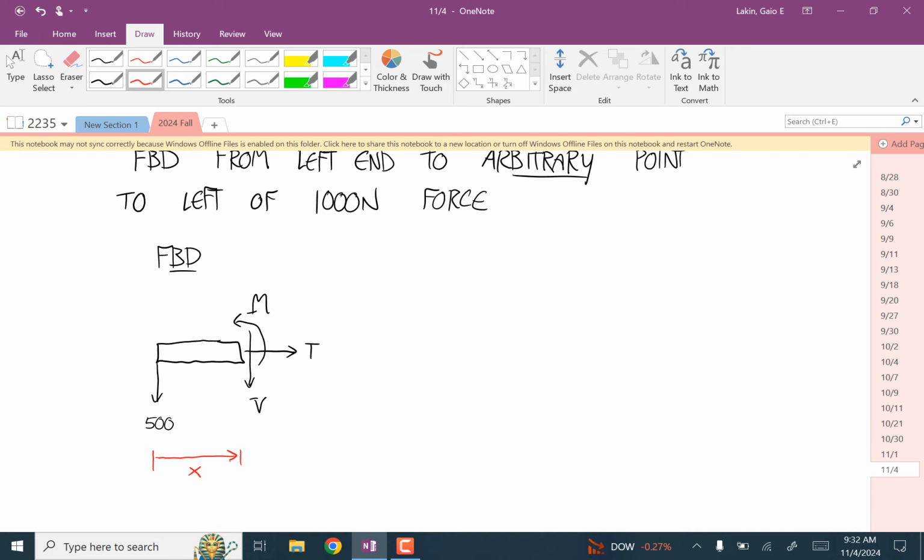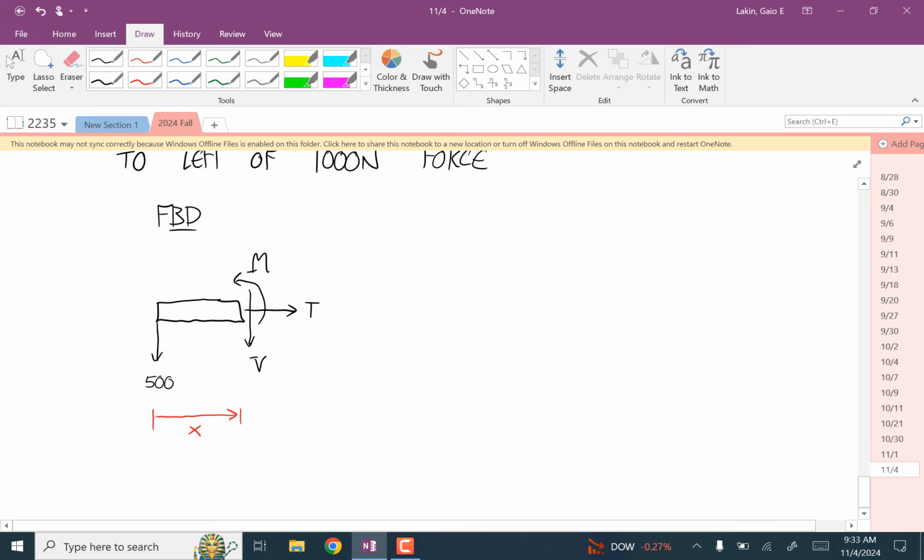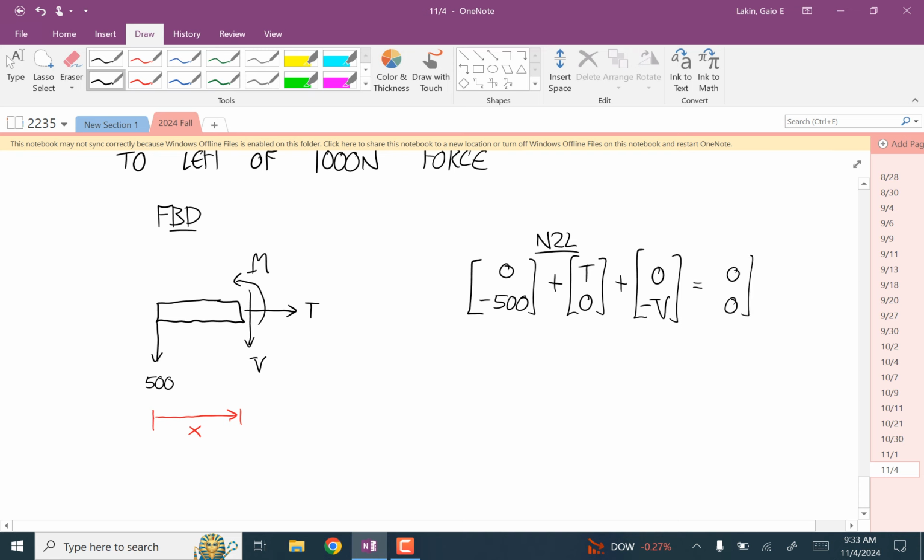So Newton's second law looks the same here. We have 0, negative 500 plus T, 0, plus 0, negative V is equal to zeros. So T is equal to 0 and V is equal to negative 500. So those forces didn't happen to change here.